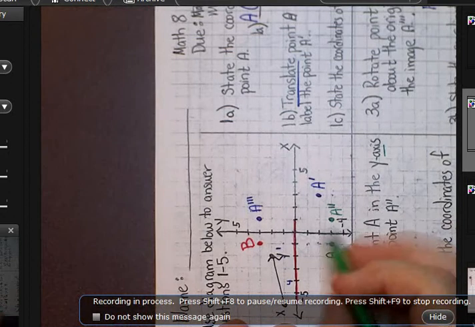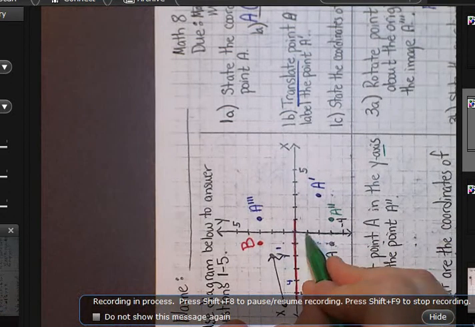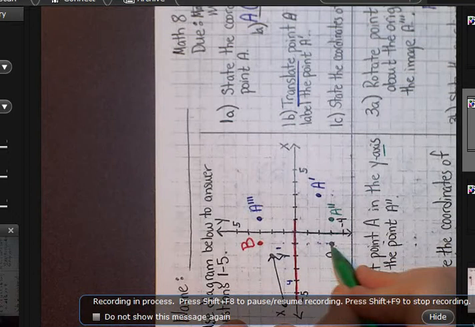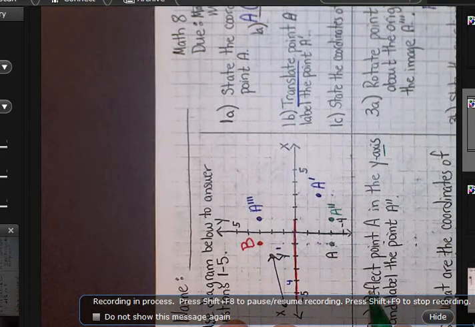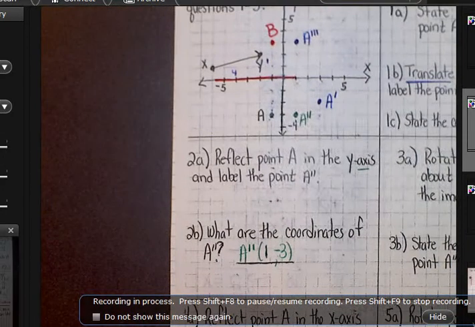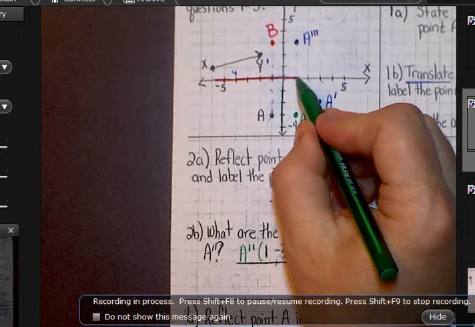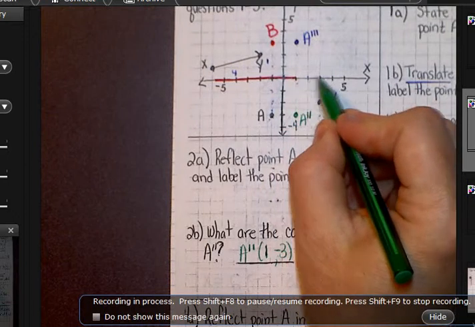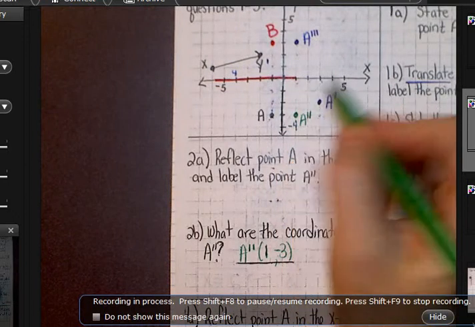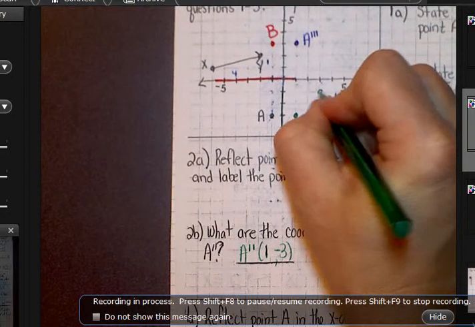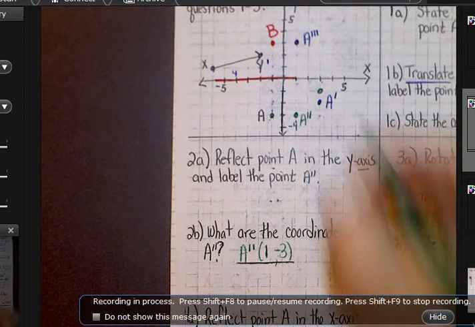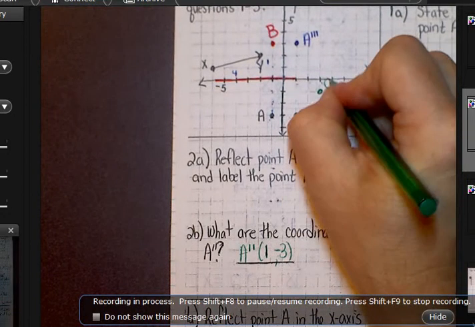And to get to the point, I'd go 1, 2, 3 in the x, and I'd go down 1 in the y. So it's +3, -1. So I come back over here, and I would go +3, 1, 2, 3, -1. There's my new point, and according to the question, we wanted to label that point C.